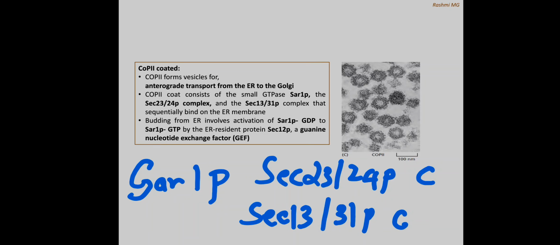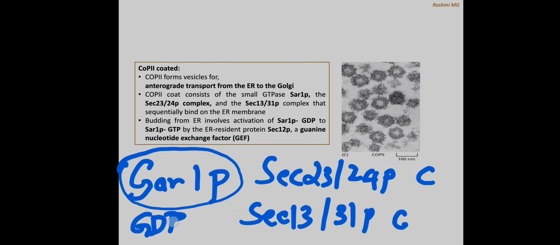They sequentially bind to the ER membrane. Budding from ER involves SAR1P GDP to GTP. Here also GEF activates the budding from the ER.